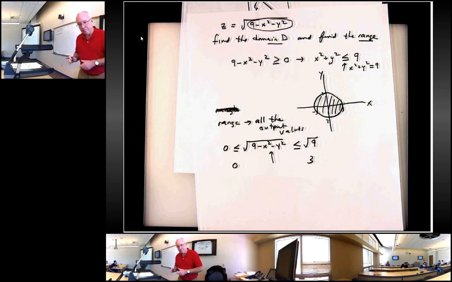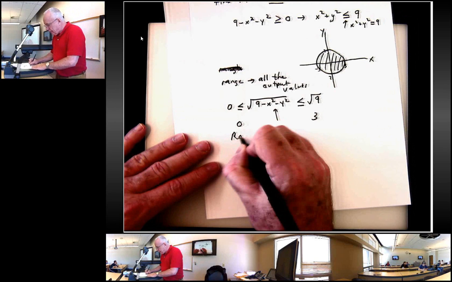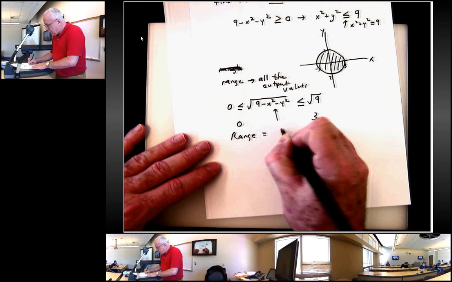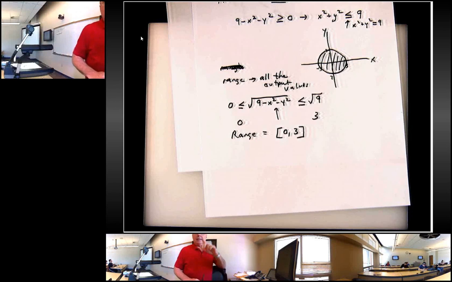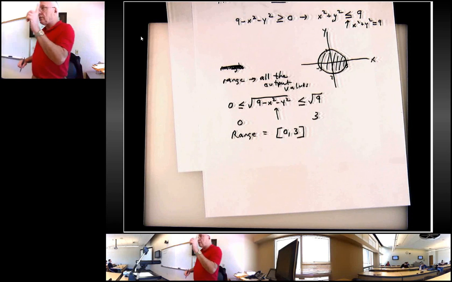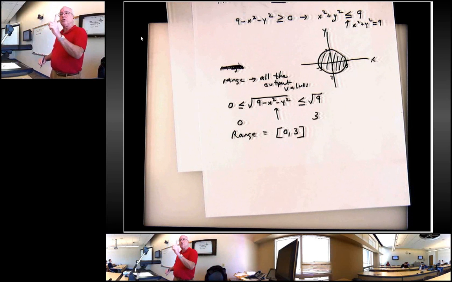So therefore, our range can be anything between and including those numbers. The range here is just a single set of values. It's no longer an ordered pair. We're just talking about a single value that we get when we plug in the x and y's.